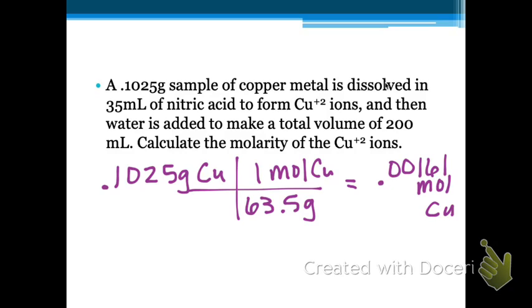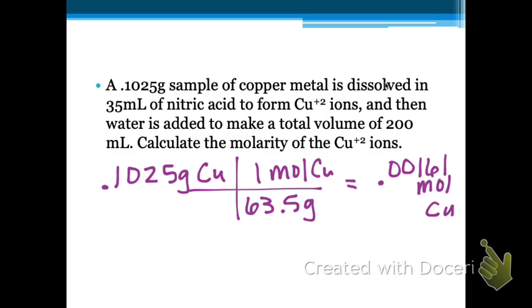So it's originally put in 35 milliliters of nitric acid. But then we add enough water to make it 200 milliliters. So when I'm trying to find the concentration or the molarity, I'm going to take this number divided by the whole 200. Right? The 35 doesn't really affect us here. Right? It just says that we added to make a total volume of 200.